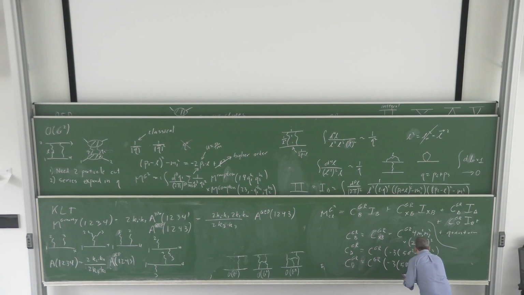No surprise, it's upside down, so you have to swap the masses. And this CGR, a constant, is 64 pi squared g squared m1 squared m2 squared. Okay, so that's the answer.